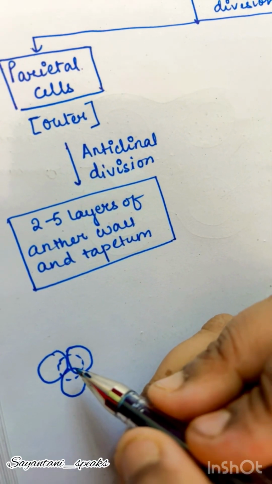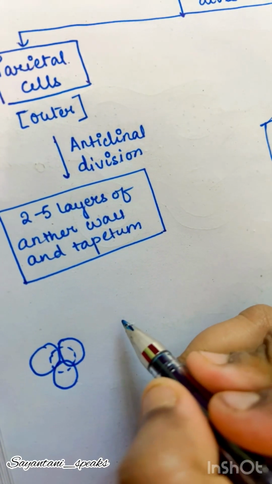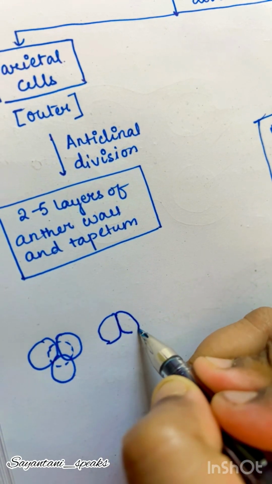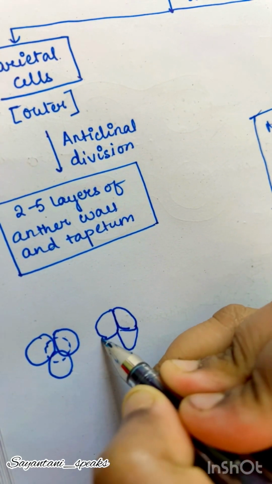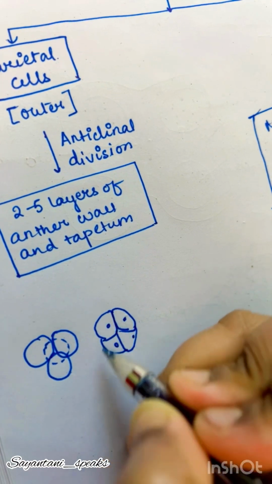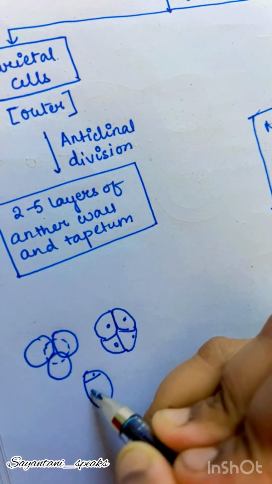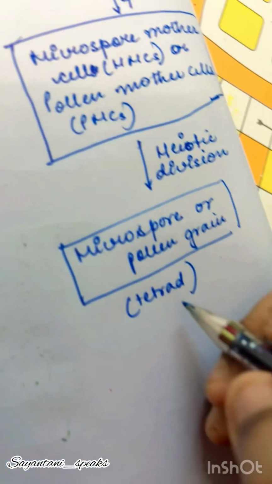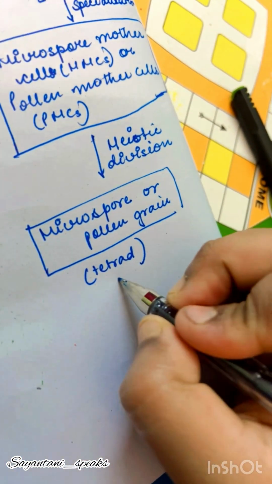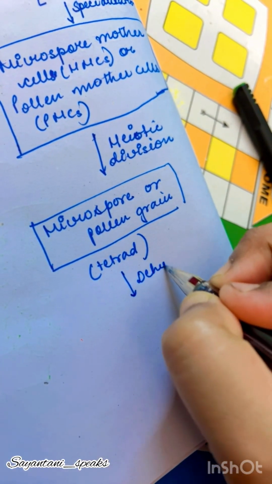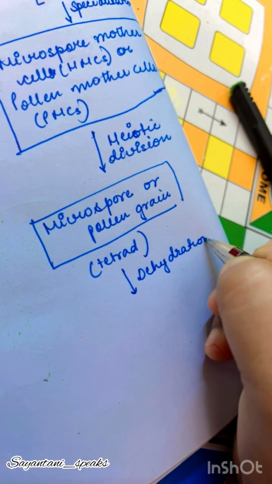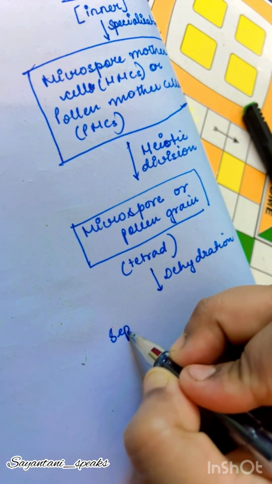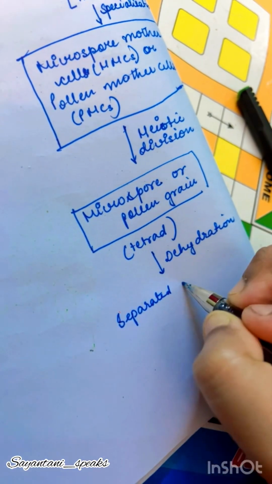So either it can be tetrahedral or isobilateral, or they can be linear, but the most common one is tetrahedral. After they go through dehydration, they become individual cells and form the separated pollen grain, the matured one.